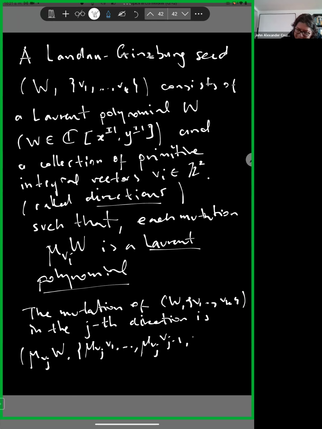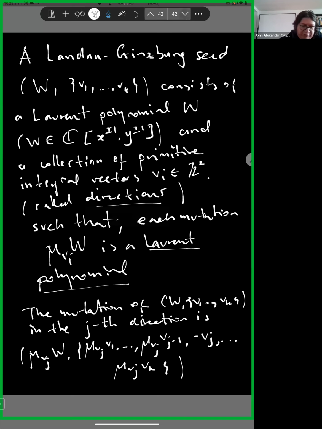Of course, if you mutate Bj in the direction Bj, you get minus Bj, etc. So what is the idea? You mutate the polynomial with respect to the vector Bj, and you mutate all the vectors of the collection to get a new seed. So you get a seed with one Laurent polynomial and a set of vectors, right?